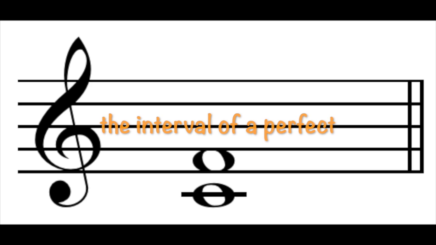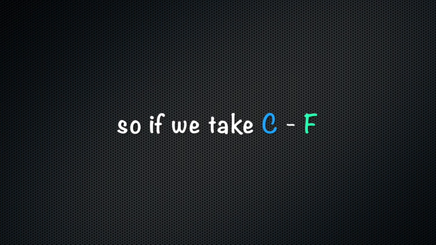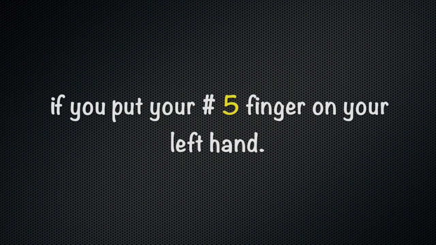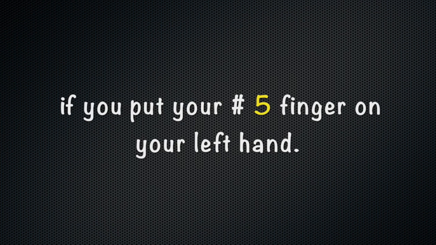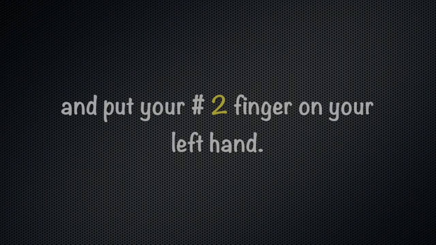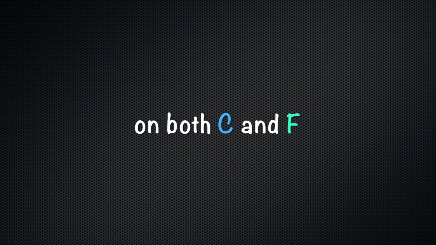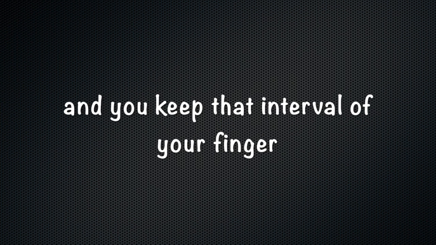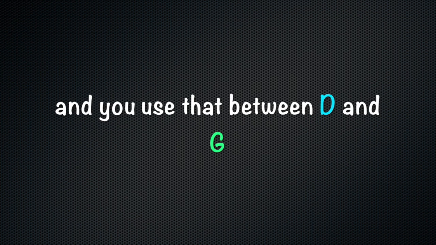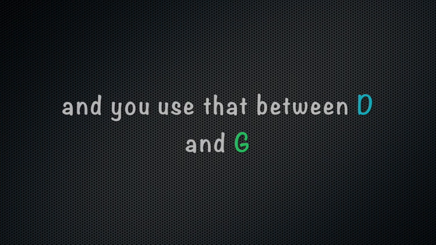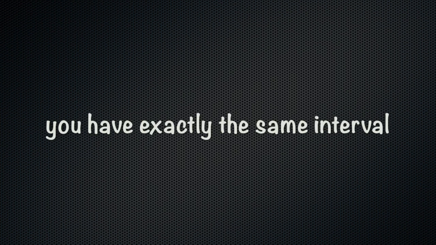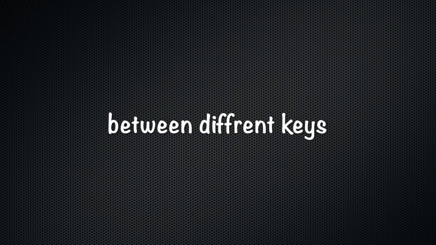The interval of a perfect fourth can be demonstrated as you see on the screen. So if we take C to F, if you put your number 5 finger on your left hand and number 2 finger on your left hand on C and F respectively, and you keep that interval of your fingers and you use that between D and G, you discover that you have exactly the same interval between different keys.